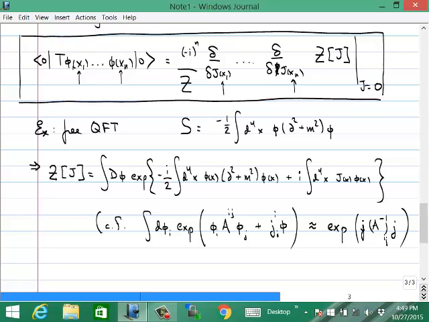Then you would contract that inverse matrix with the vectors J.